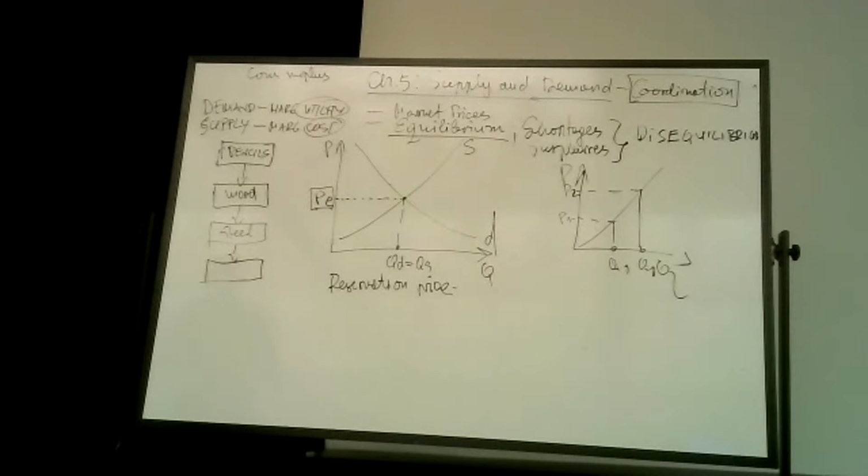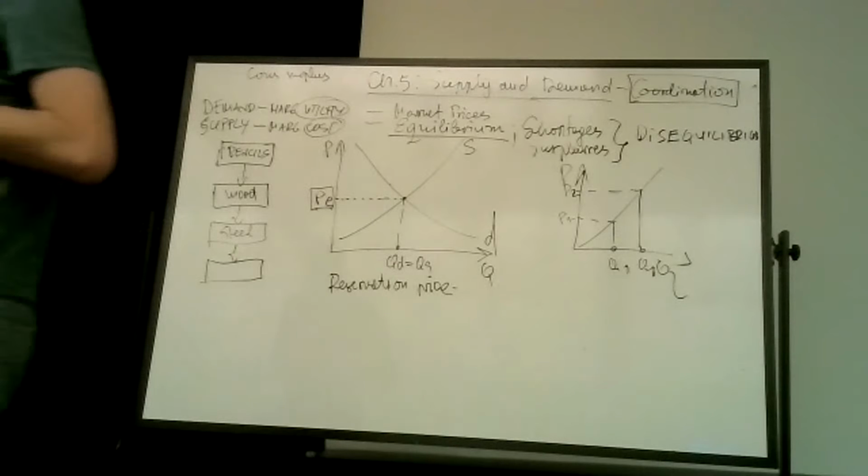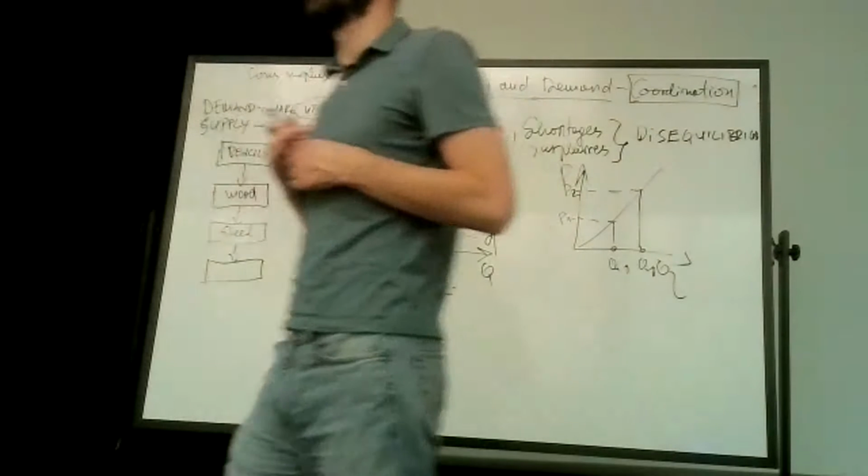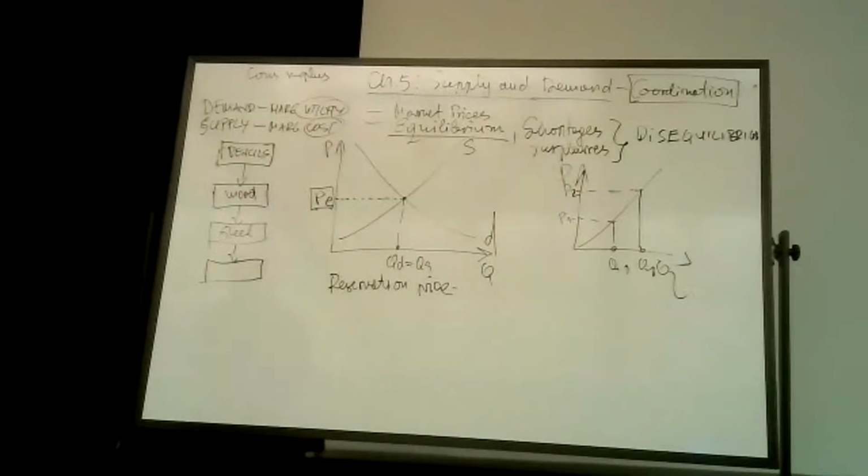The answer is we don't know. If your maximum reservation price for the second unit is 3.5, you're going to buy it. But if it's 2.5, you stop after the first one. So you cannot predict in advance. If you buy one unit of a certain good, whether you continue buying depends on whether your reservation price for the second unit is higher than the market equilibrium price.